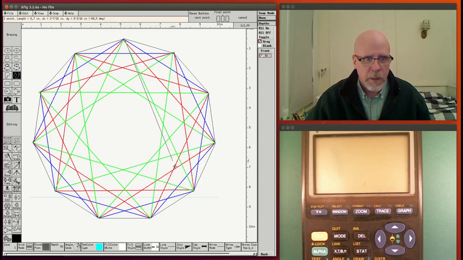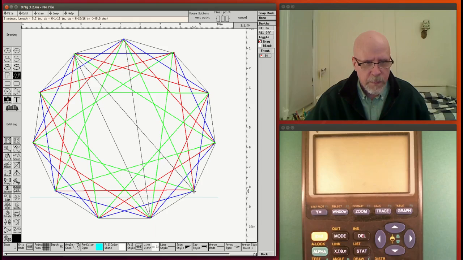Start here, follow the green line, then +1. Follow the green line, then +1. Green, then +1. Where's the green? There it is. +1. Green, +1.